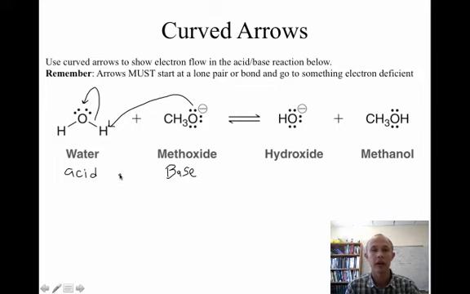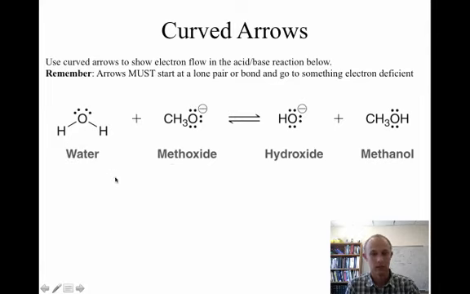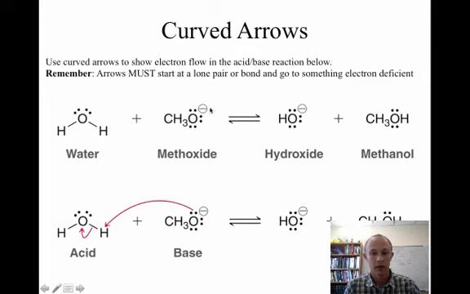So these 2 arrows together describe how the electrons are rearranging in this reaction. Notice, this is exactly what I just drew. You have the lone pair of electrons becoming a bond to hydrogen. This bond breaks, and that becomes a lone pair of electrons on oxygen.